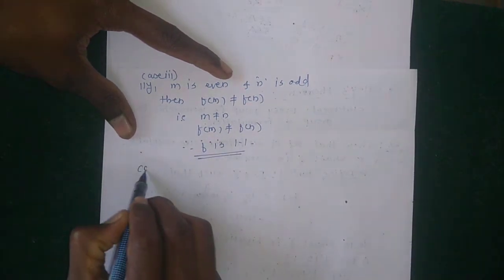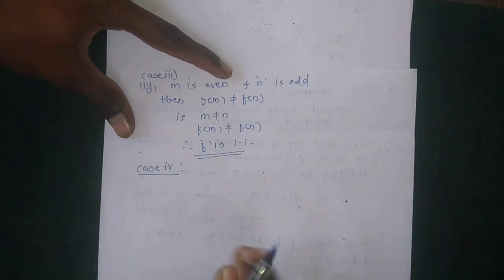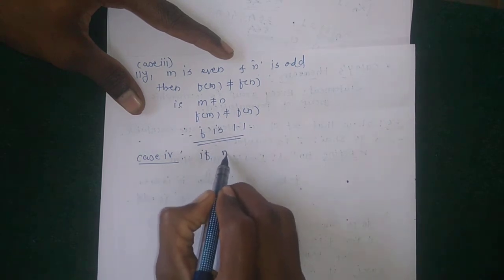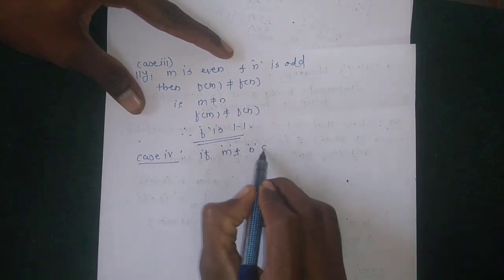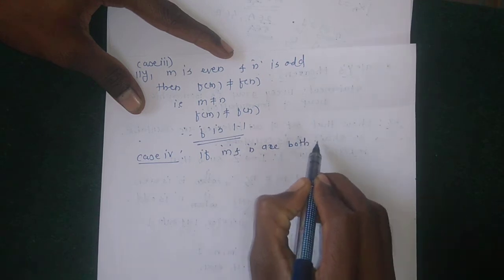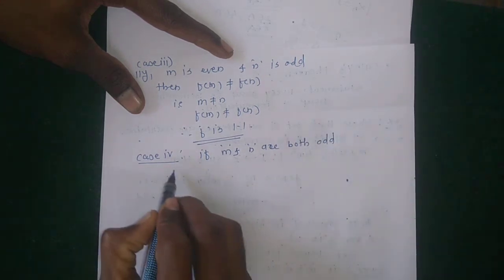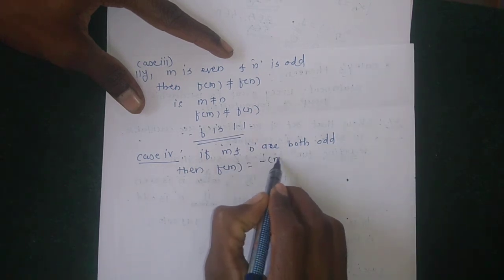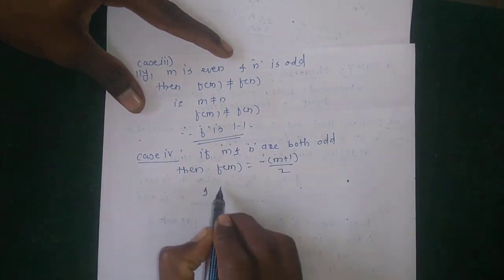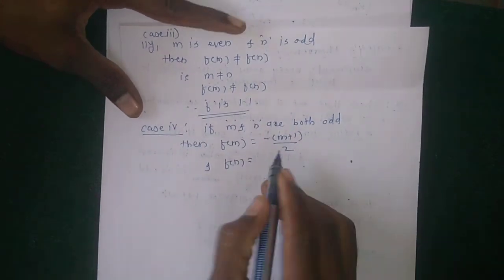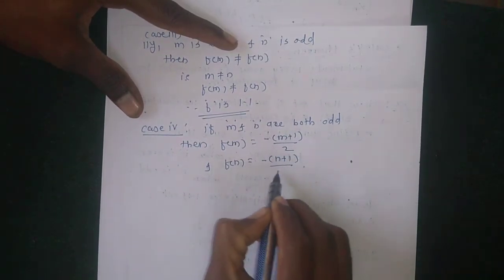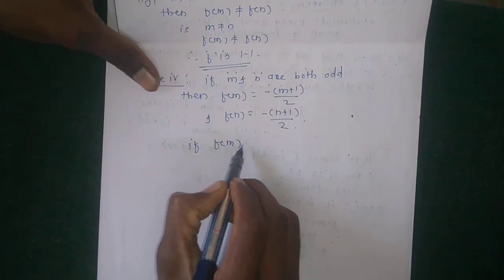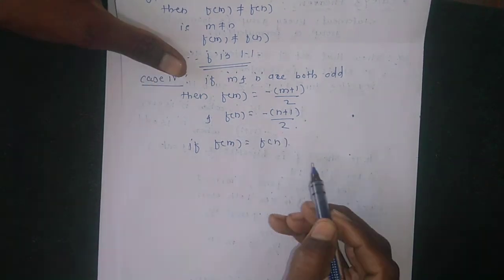Okay, so the next case is the fourth case, if m and n are both odd numbers. Then f of m is equal to minus m plus 1 by 2, and f of n is equal to minus n plus 1 by 2. Suppose that f of m is equal to f of n, then to show that m is equal to n.